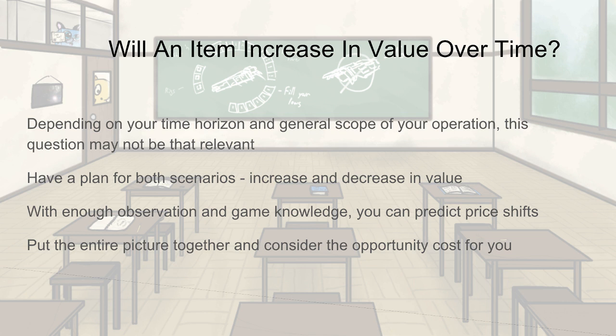And finally, putting the entire picture together, consider the opportunity cost for you. Throughout this whole lesson, we've been talking about how things are made, how that relates to the value of an item, the hauling, the different types of production, etc. Even after discussing all that, the question comes back to you: now that you know that, what would you rather do?